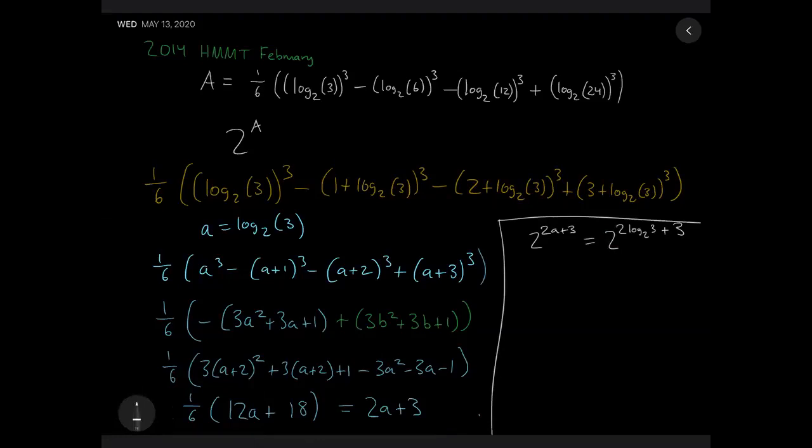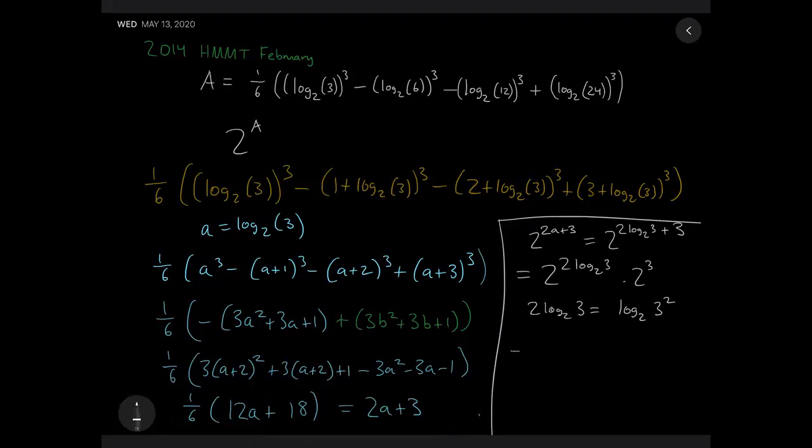All right. And now this is just because a equals log base 2 of 3. That was our initial substitution. You can break this up as 2^(2 log_2 3) times 2^3. Now what's 2^(2 log_2 3)? Well, 2 log_2 3 is equal to log_2 of 3 squared, which is log_2 of 9.